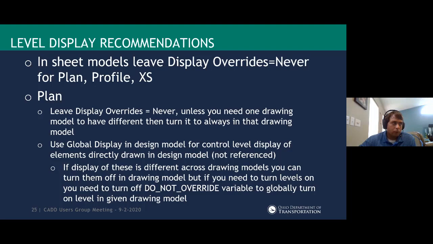Talking about plan view, typically you're not drawing anything directly in that container file, so display overrides never is going to literally control all of it because you don't have any direct references. Now, if you do need that one-off change, where for one given drawing model you need different level display than for the others, turn it off of never and onto always.